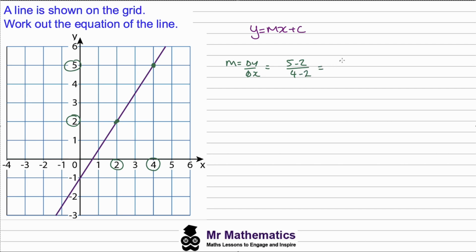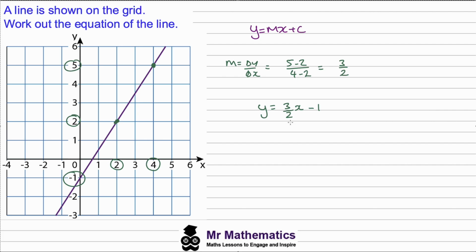So we'll have a gradient of 3 divided by 2, and this will be our gradient here. And to work out the intercept, you can see it passes through the y-axis at y equals negative 1. So the equation will be y equals 3 over 2 multiplied by x minus 1.